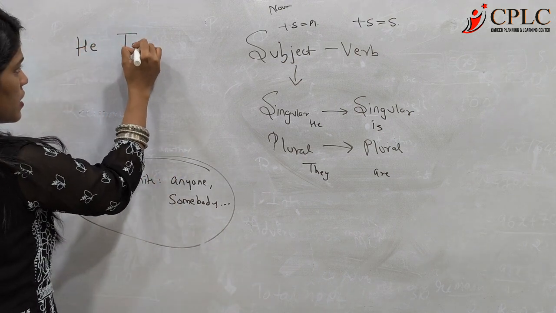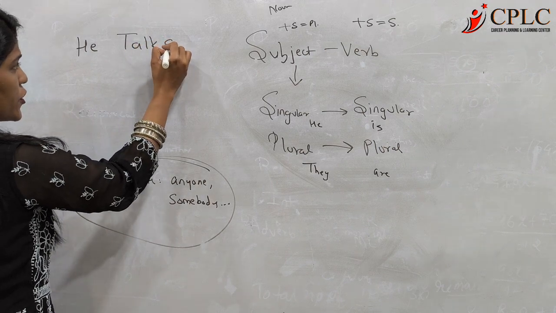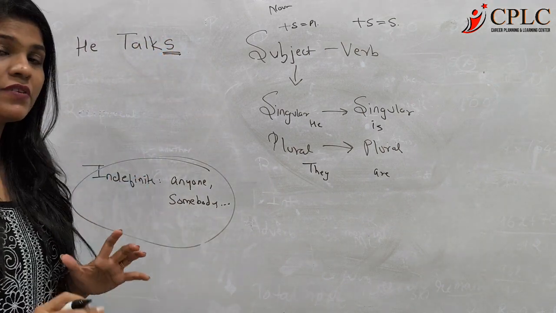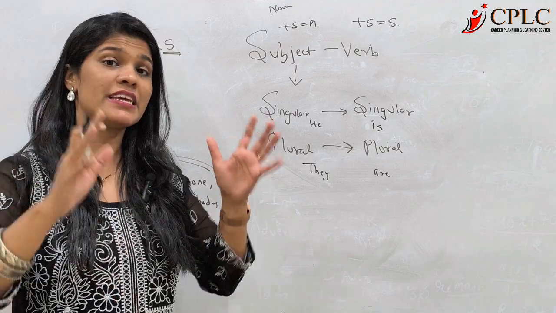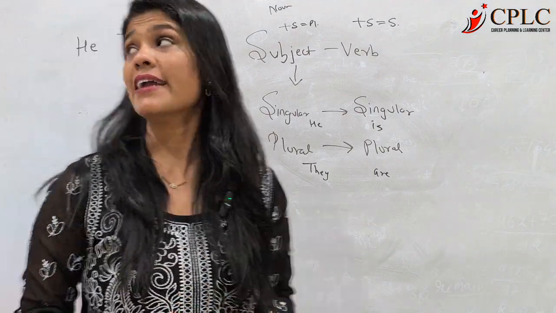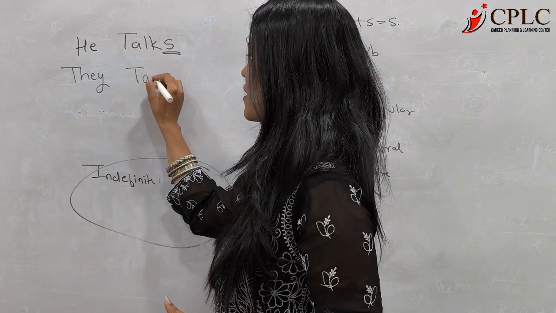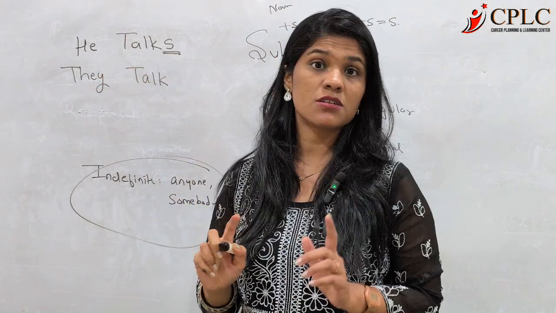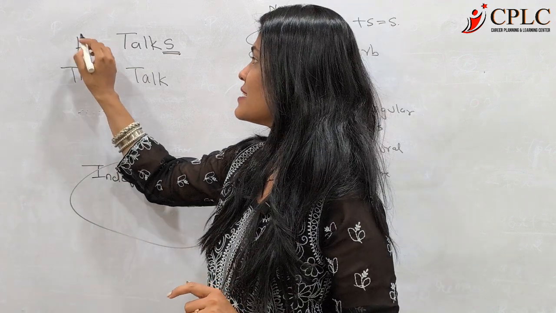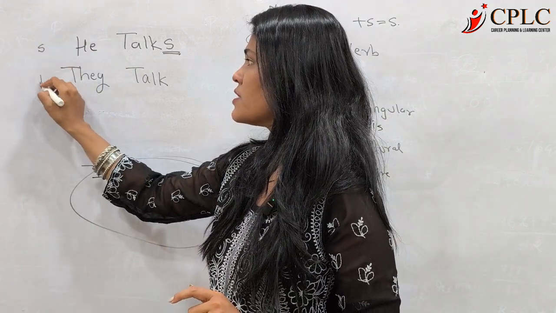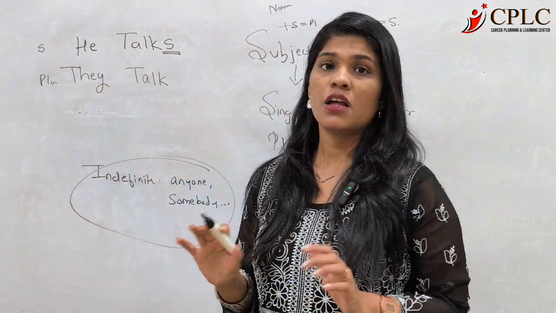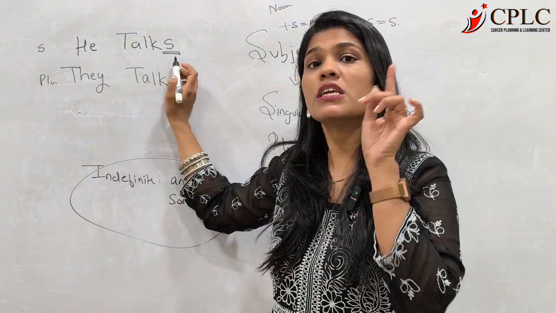He talks. We will not say he talk. We will say he talks. And they talk. Please pay attention. This was singular, this was plural. Now ये singular ही है.